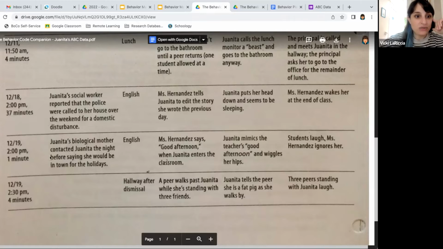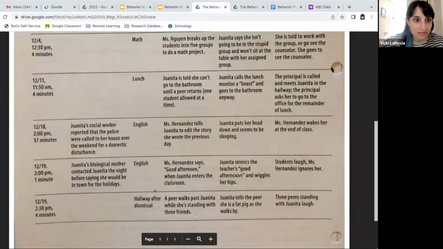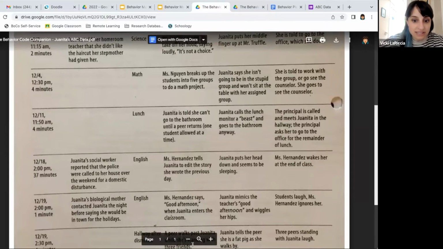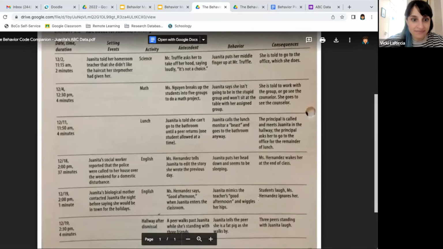Okay, so those last 2 data points happened on the same day. So let me make this so you can see the whole thing. Is that too small, or can you see that okay?